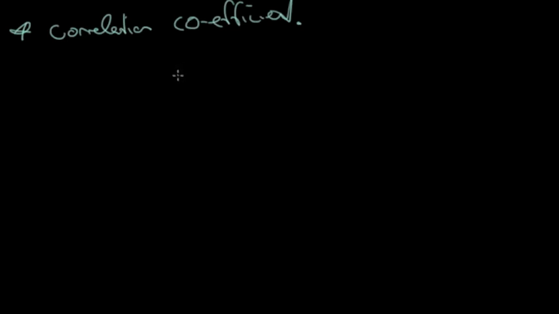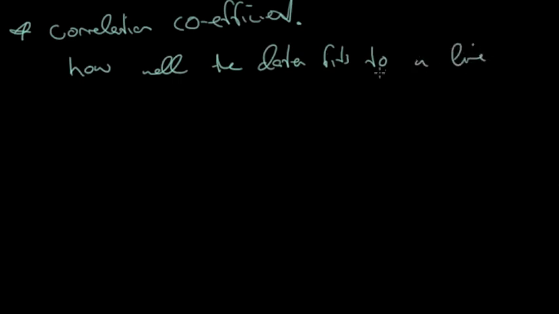The model we're going to be talking about is a linear graph. So a correlation coefficient tells us how well the data fits to a line, and R sits between -1 and 1, that is -1 ≤ R ≤ 1.